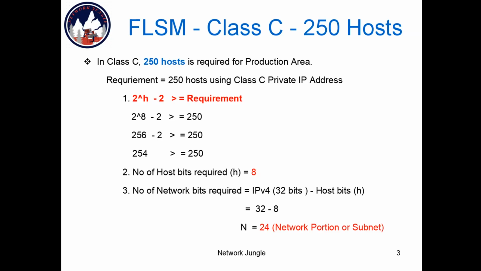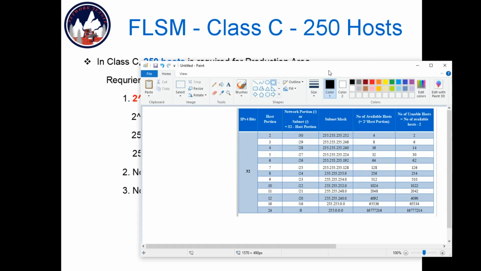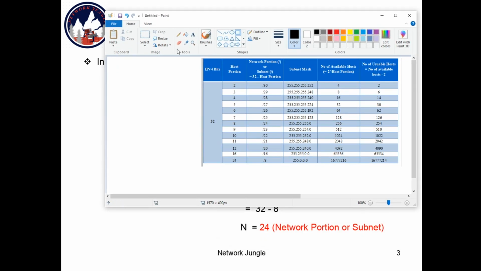Next we discuss the FLSM of class C for 250 hosts. In the class C private IP address, 250 hosts are required for the production area. So how to calculate? For the 250 hosts, you have to select the subnet, that is, how many bits are in the host portion. You can select 8 bits for the host portion, then 24 bits for the network portion.